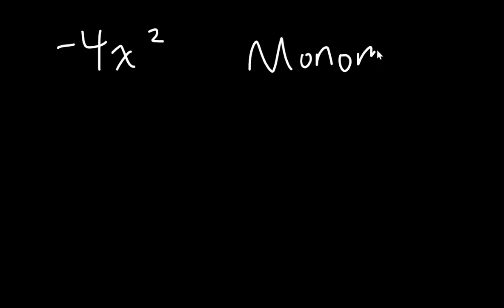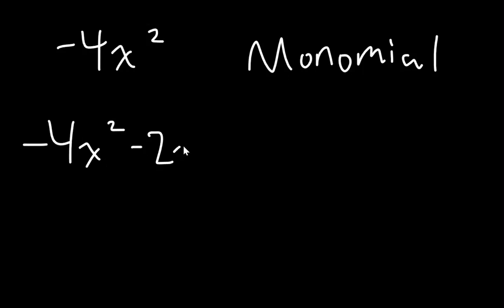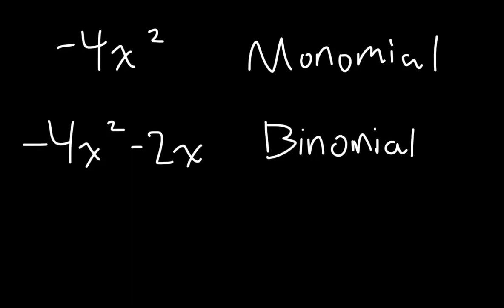So the first thing I want to recap is some terminology, right? So if you have one term, for example, if you had negative 4x to the second, that's called a monomial, right? If you have two terms, that's called a binomial.